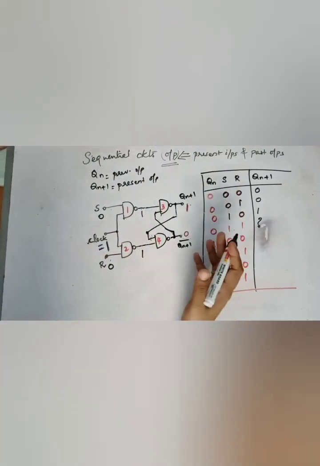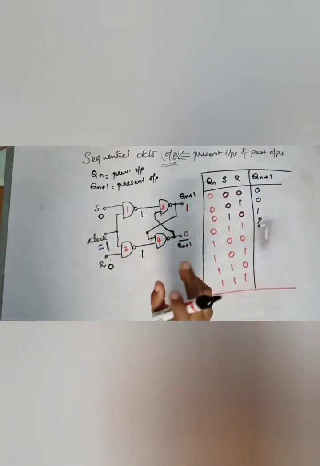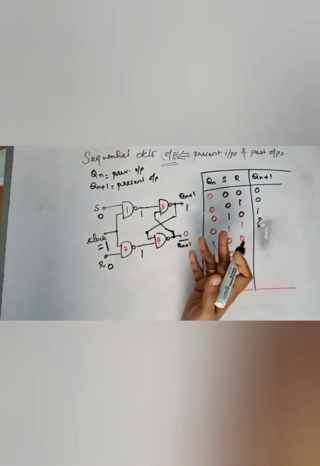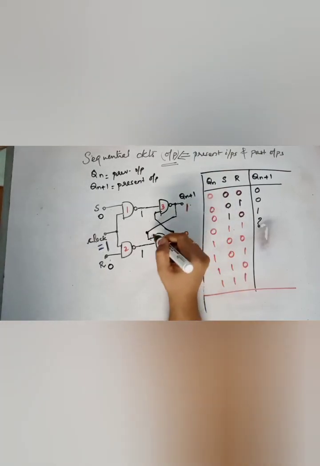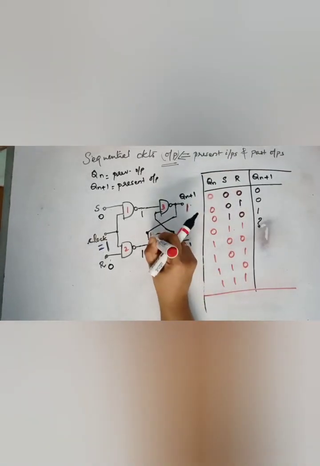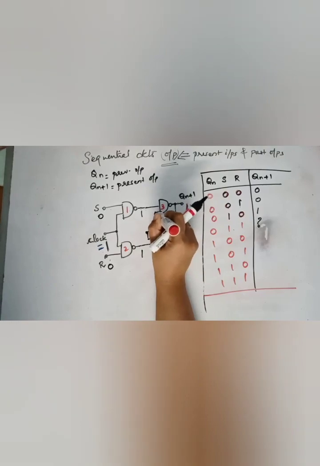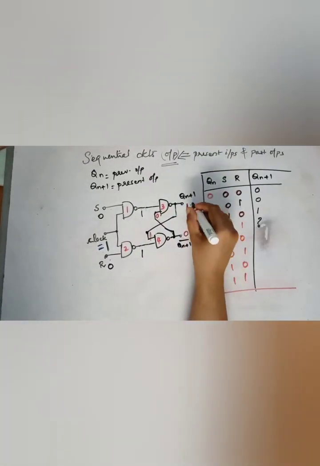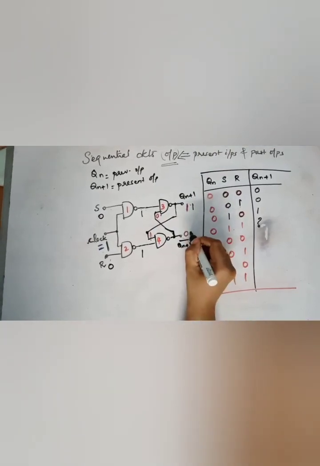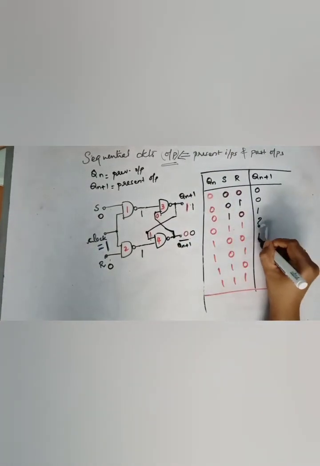You don't know the output because both are 1. In such cases, what should you do? You should take the previous. So here the 1 comes here, the 0 comes here, 1 0 makes it 1 again, 1 1 makes it 0 again. So here it is 1.